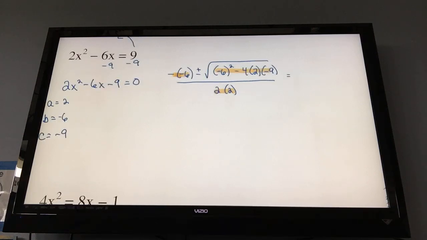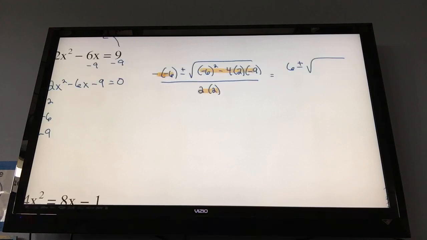The negative 6 is positive. And then under the radical, I get 36 plus 72, 108, I think.